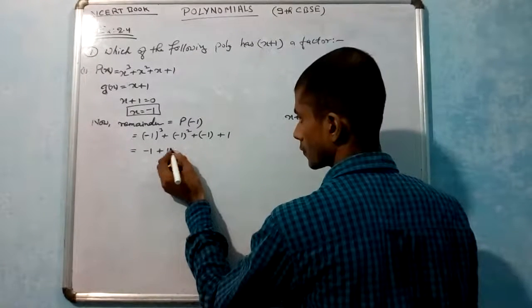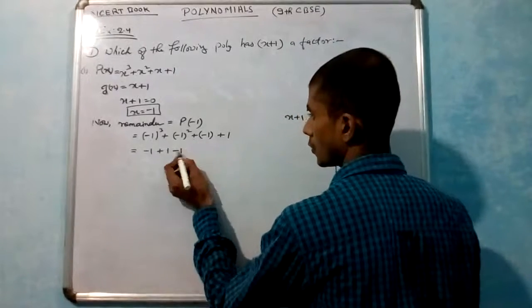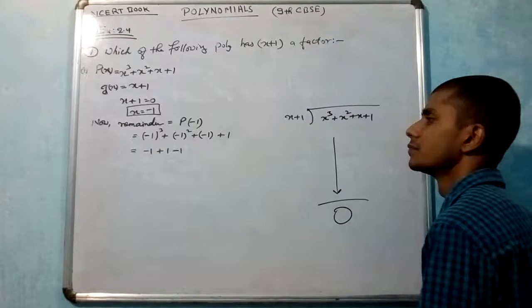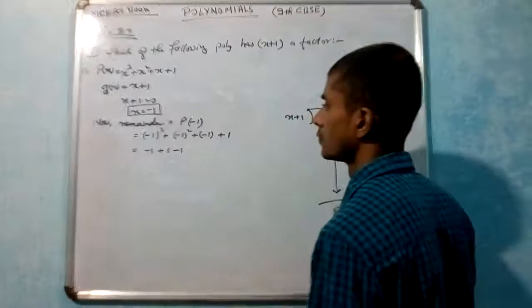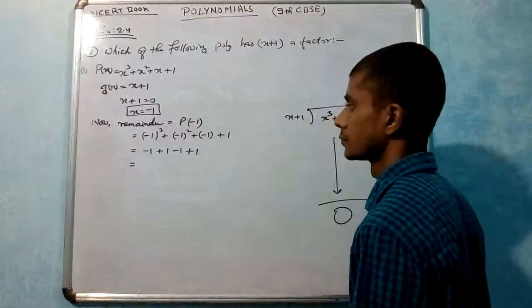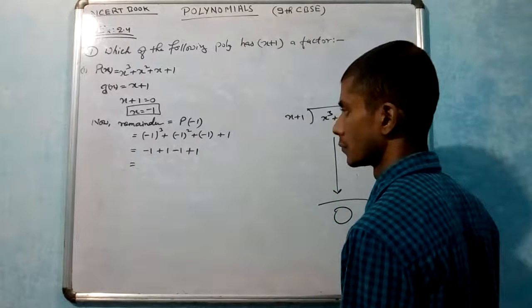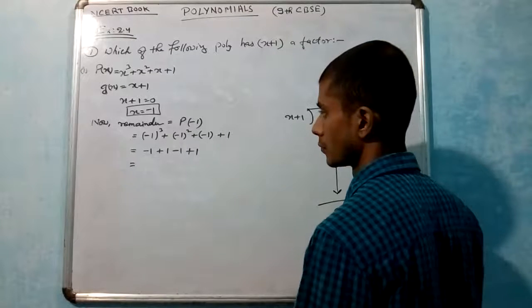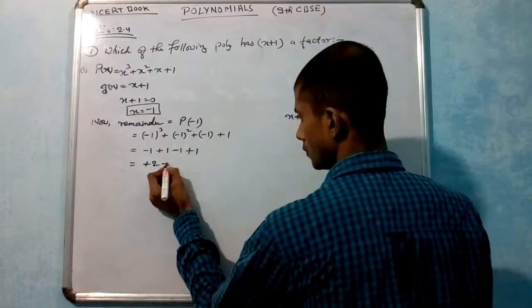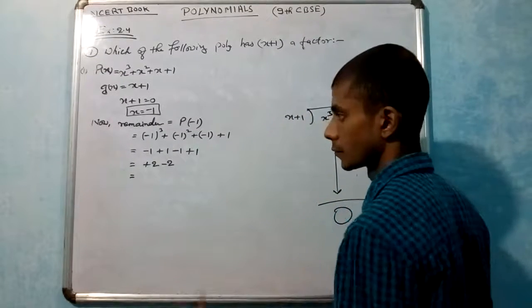What should I write here? Now how much? Plus 2 then.